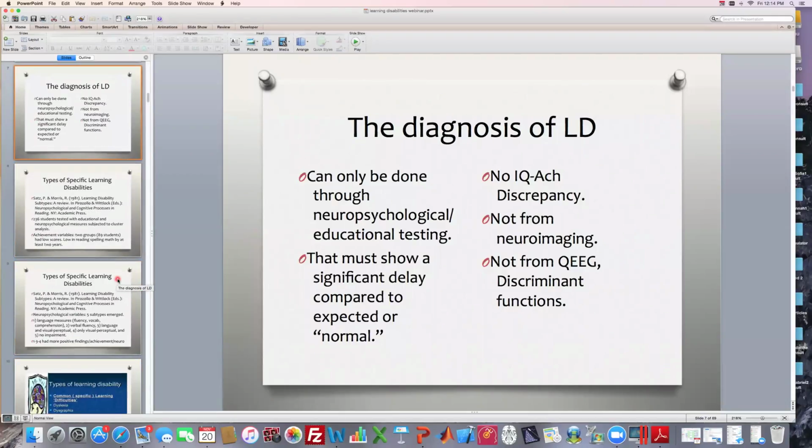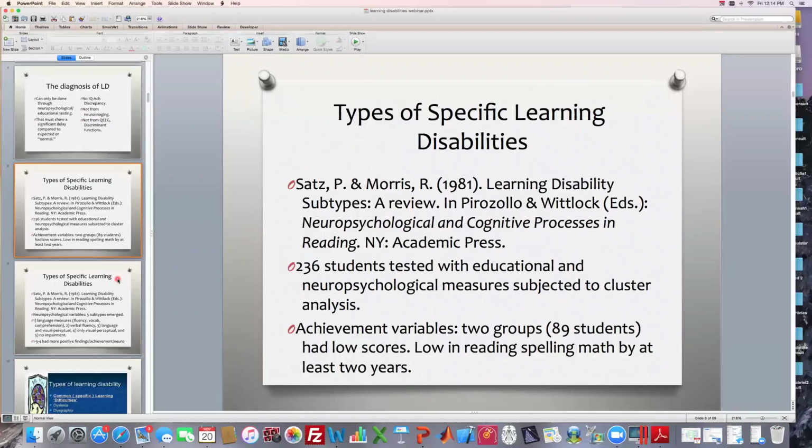Okay, moving on from there. Let's talk about specific types of learning disabilities. Back in 1981, there was a book chapter published by Paul Satz and a student of his, Robin Morris, at the time.